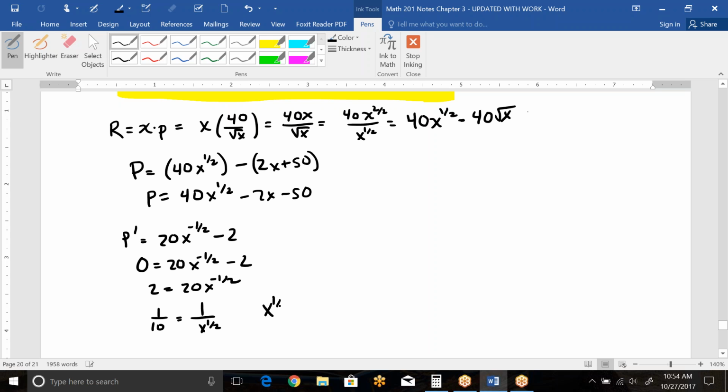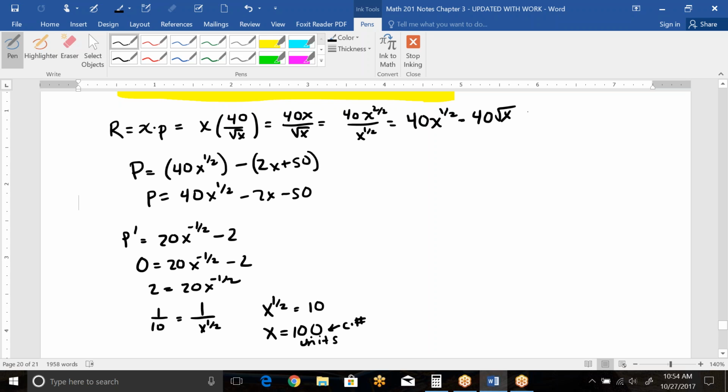Cross multiply, so we get x to the 1/2 equals 10. And then we would square both sides to get rid of that square root. So this is going to be x equals 100. So remember, that's our critical number. Okay, and if they wanted to know how many units we needed to sell to maximize profits, that would be the answer for that part.